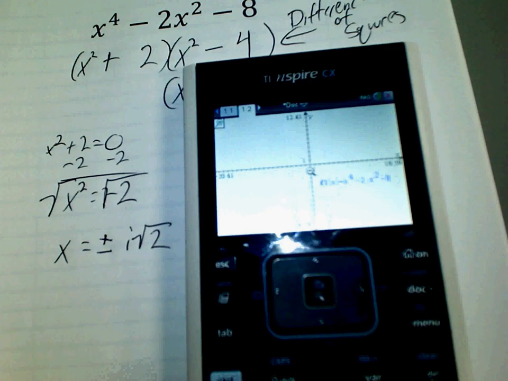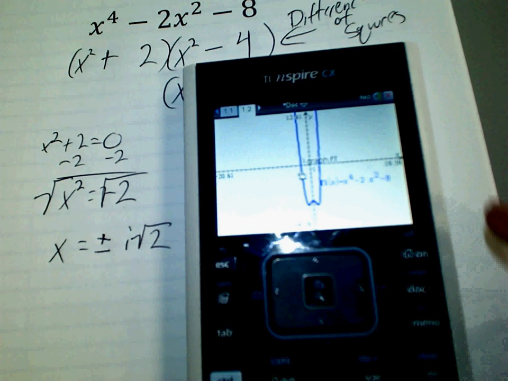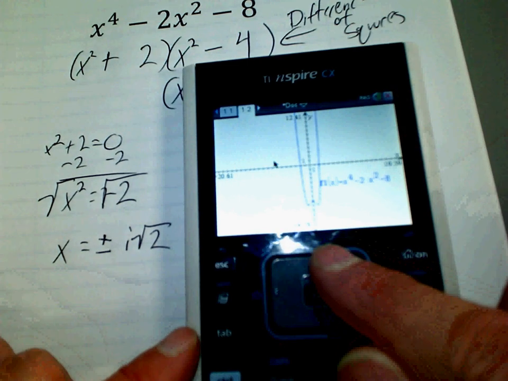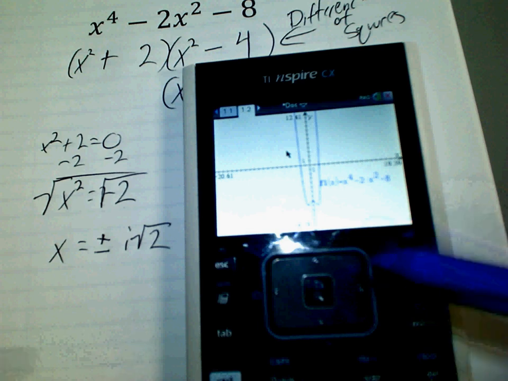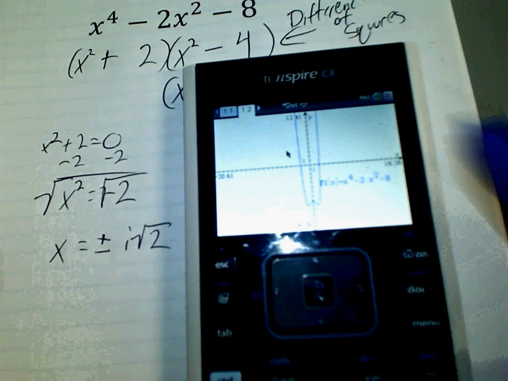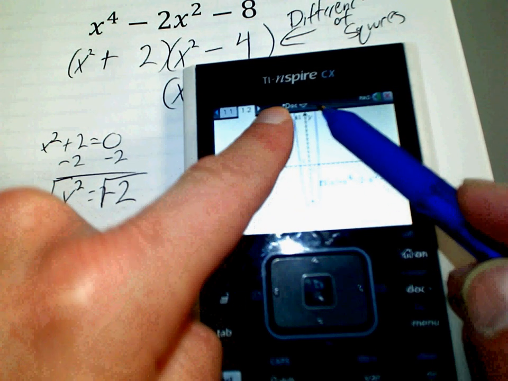That is a quartic. We're talking x to the 4th power. Anytime it's an even degree, the terminal ends of the graph both go the same direction. We talked about that, right?